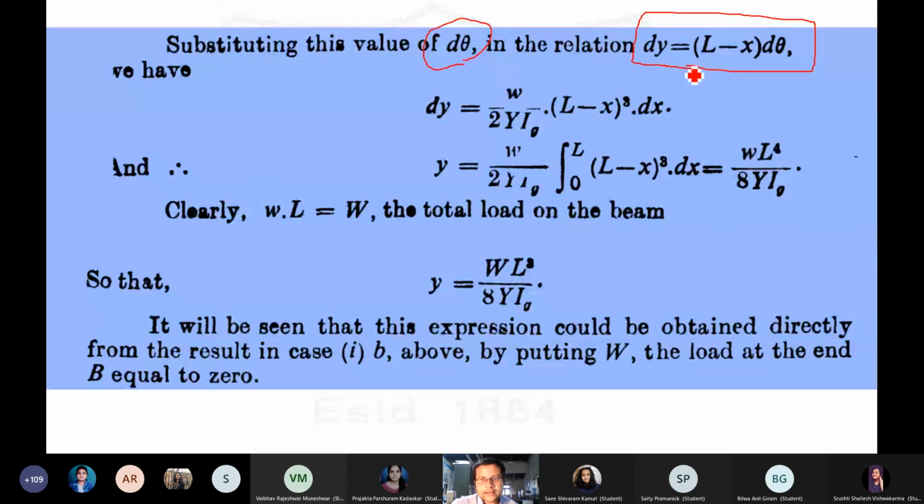Okay, so again I say a small deflection dy is produced, and if you want to find the total deflection produced because of the uniform loading, you want to integrate this particular expression within the limits 0 to capital L. So WL that we are talking about, what is the W we define?